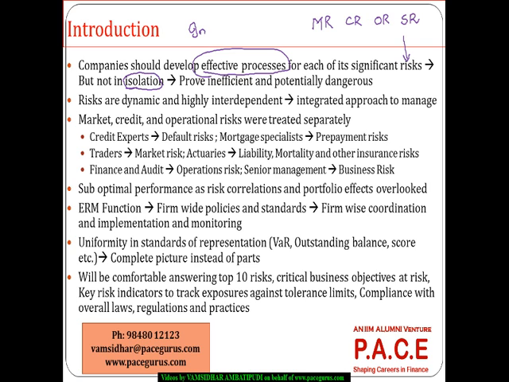There can be a lot of interdependencies between each of the risks. I can't segregate exactly what is a market risk and a credit risk. There could be some level of overlap between these. That is where the real danger comes up when we try to categorize the risk, saying this is a market risk.